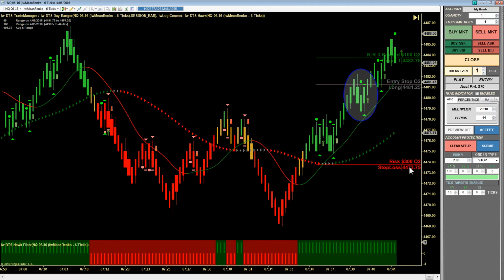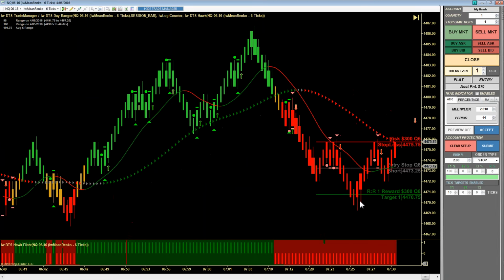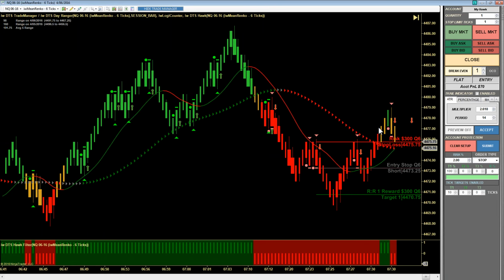Again, the other reason why you don't want to jam your stops in super tight. You don't want to get hit before you can make a profit. And almost every time the market will, let's say you chose to take this signal right here. If I placed my stop right here, and we're going to pretend for a moment that the profit target did not get hit, I would get stopped out before I had a chance to make a profit.